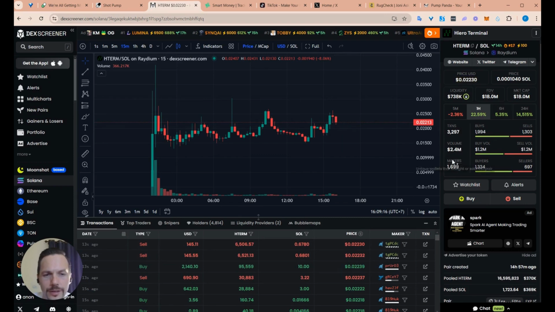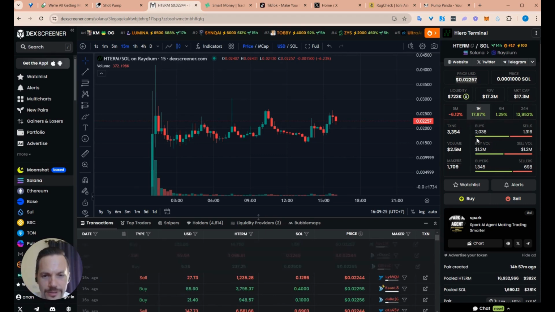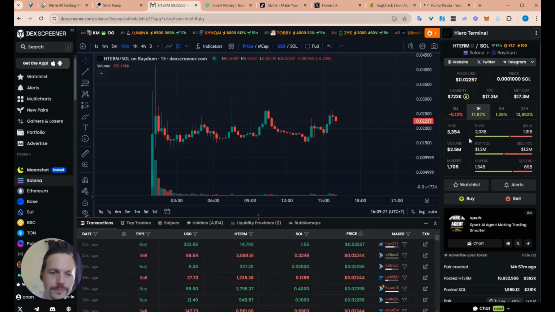If, for example, it were only 1 million in the last hour, then projected over 24 hours it would only be 24 million. That means the trading volume is already going down again, and that's obviously not ideal.